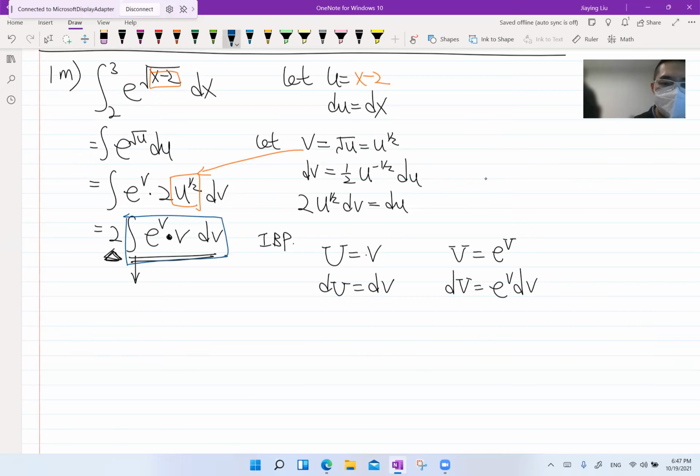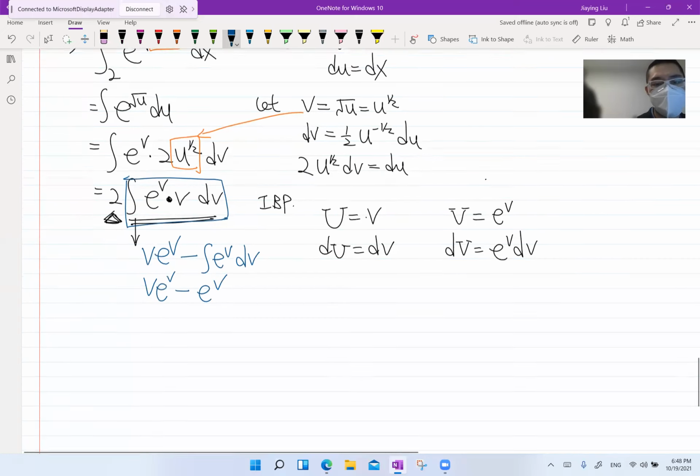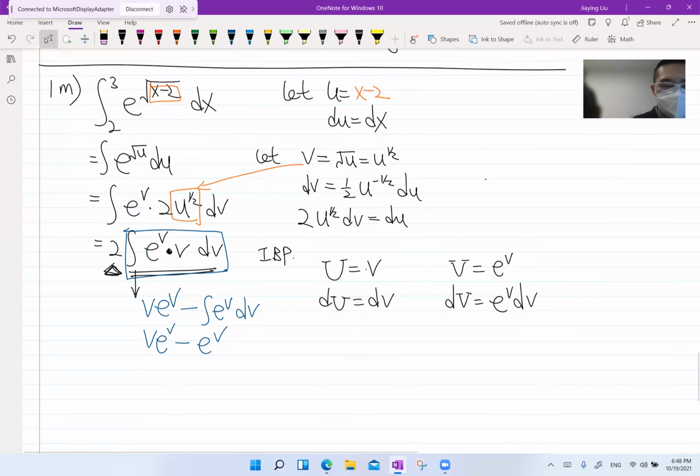Using integration by parts, I have capital U times capital V, so that's v times e to the v, sorry, that's the lowercase v, minus the integral of V dU, so that's e to the v dv. Integrate it one more time, so I get v e to the v minus e to the v plus a c. We don't write that.